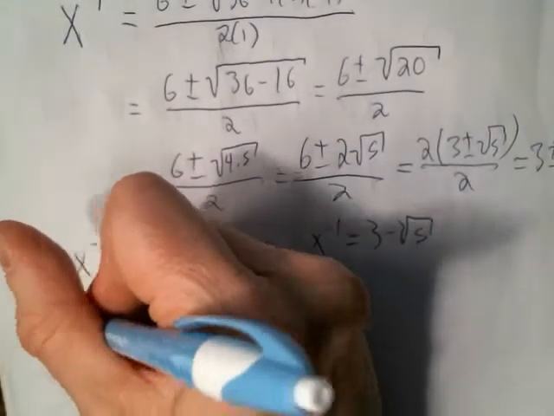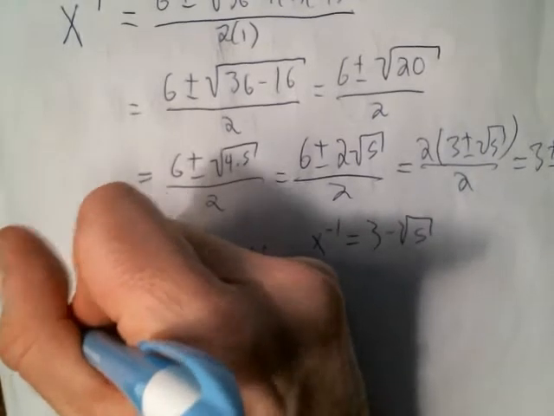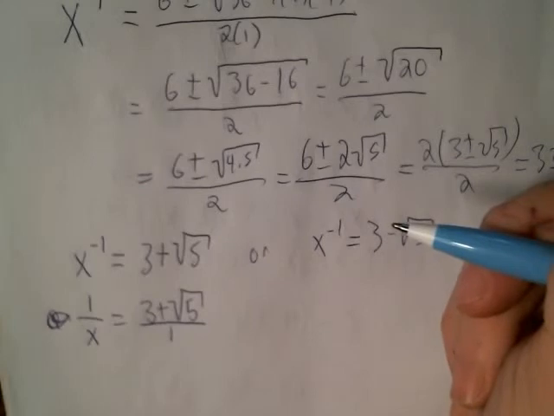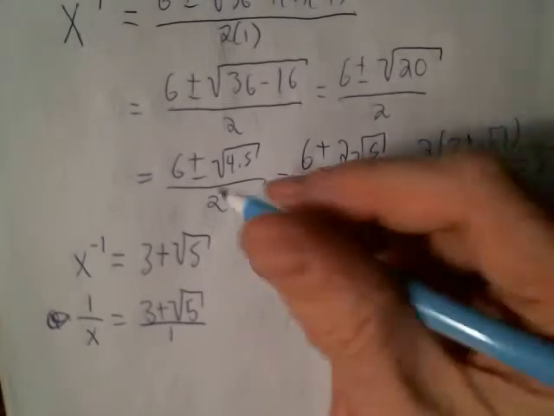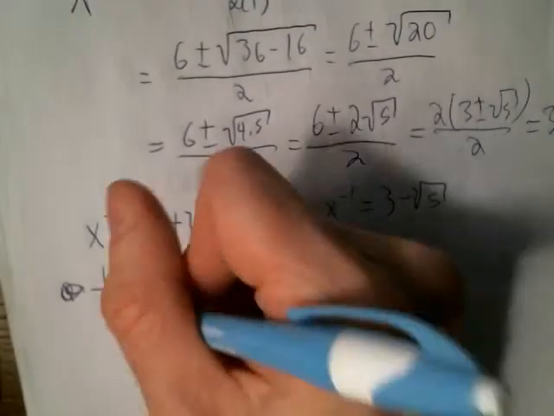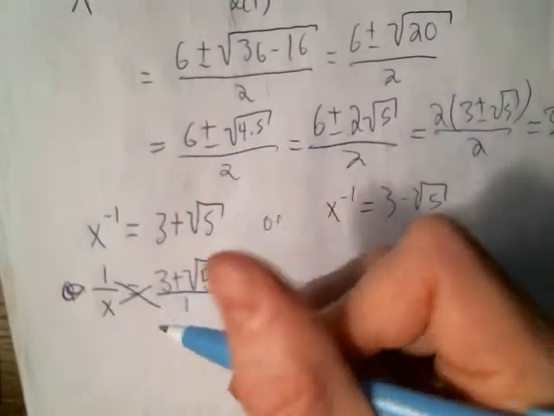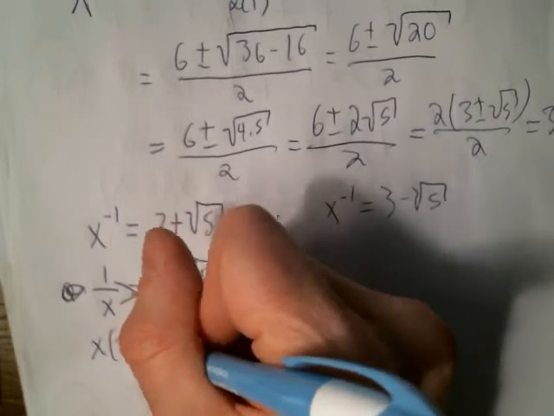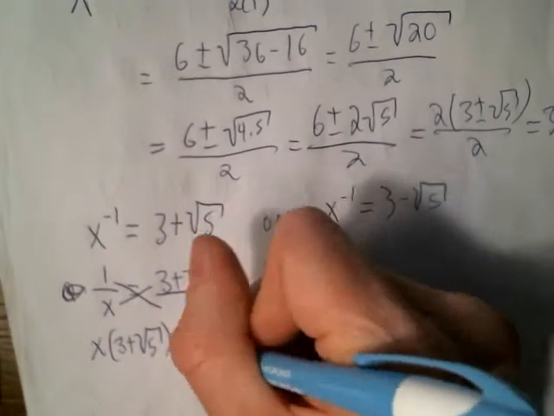So I'm going to multiply both sides by x, or maybe even quicker, we can cross multiply, right? Or I don't even know if that's going to be any quicker. No, let's do that then. Cross multiply, you have x times 3 plus root 5 on this side. On the other side, you have 1.